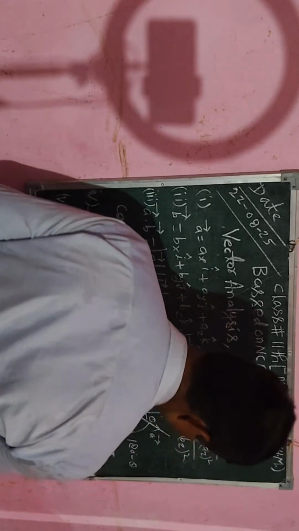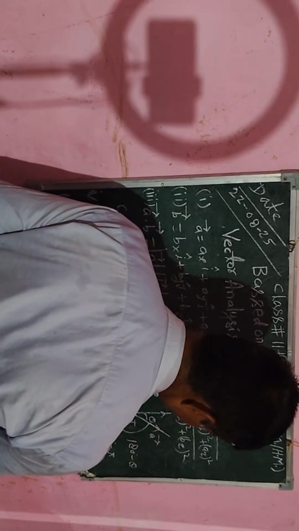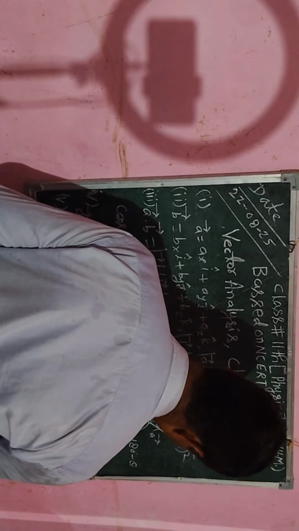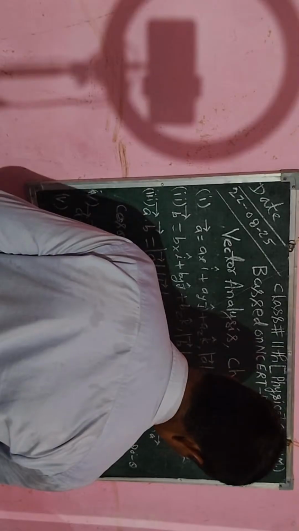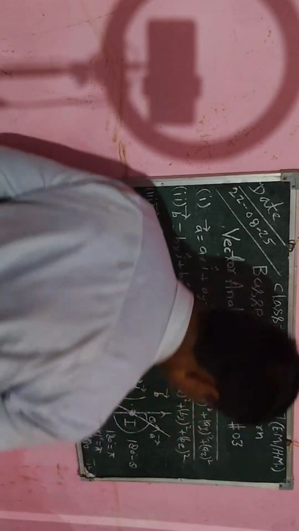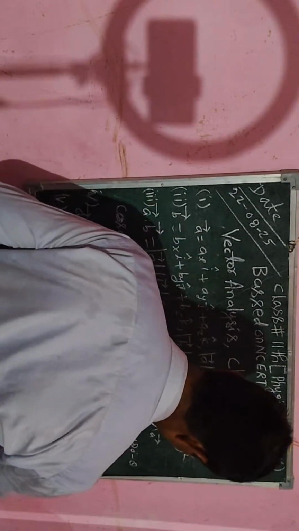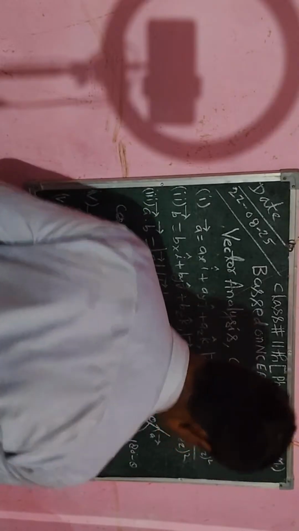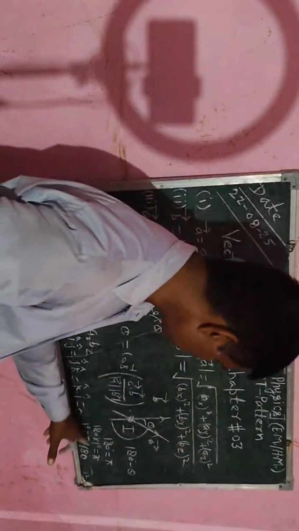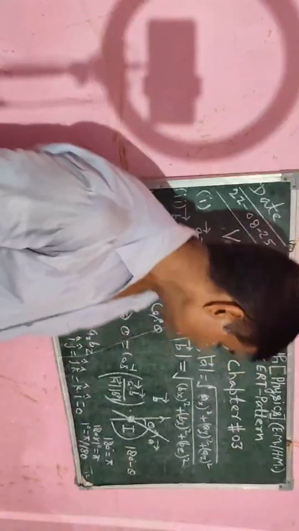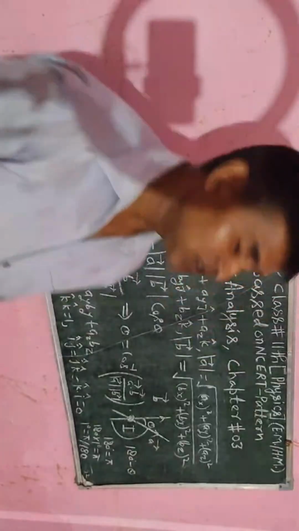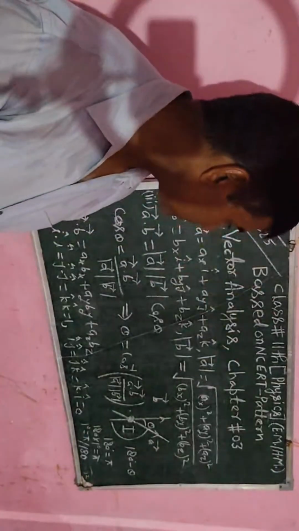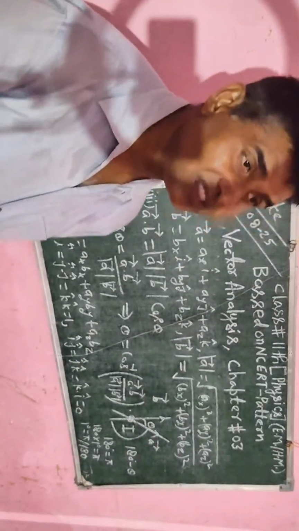So here I can write 1 degree is equal to pi divided by 180. So I will use this value, and after using this value I will get the value of theta in radian. So these are the required concepts.